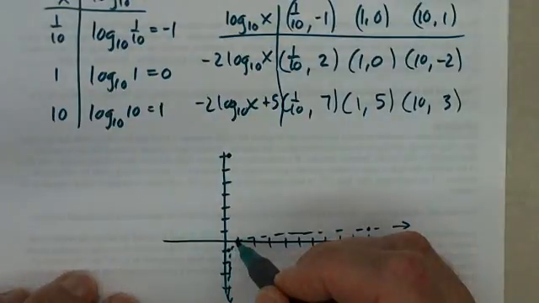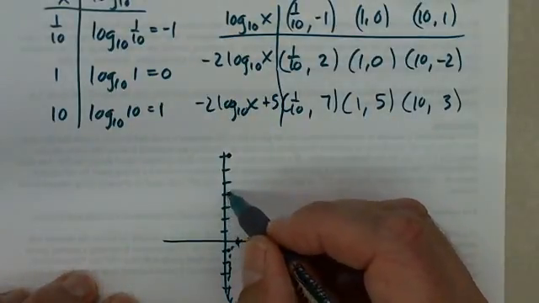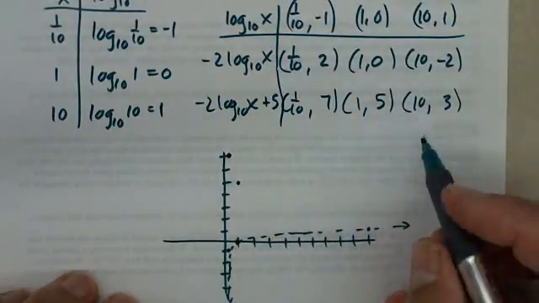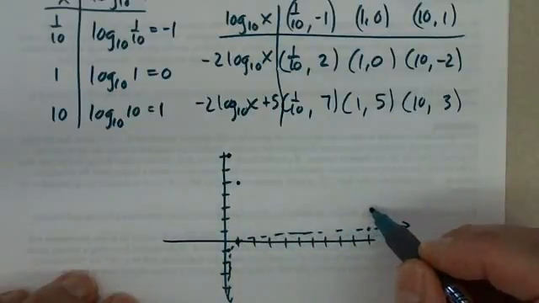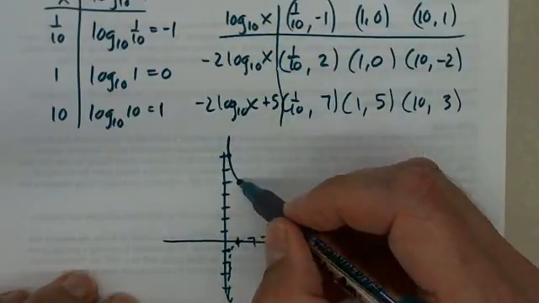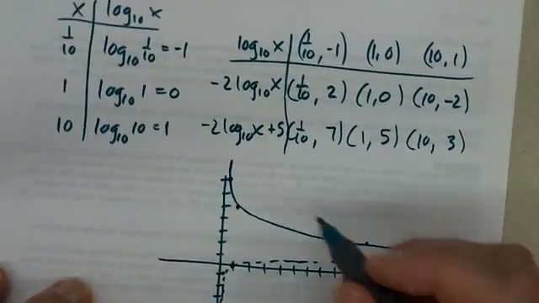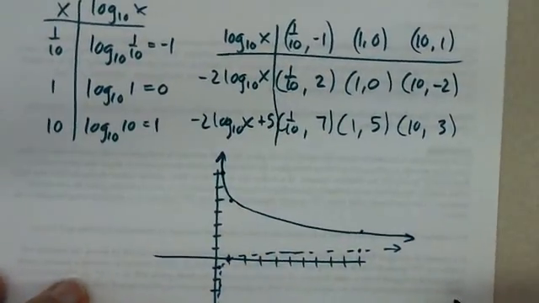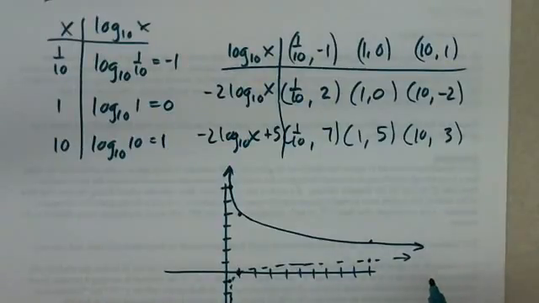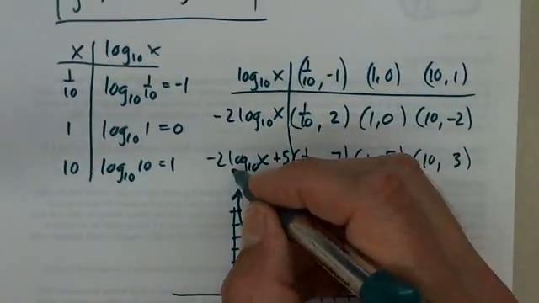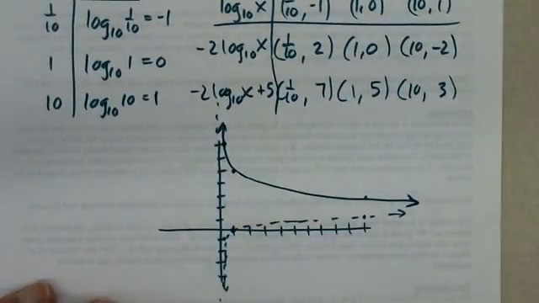At 1, go to 5. And at 10, we'll go to 3. I made it kind of look asymptotic, but this is not asymptotic. It keeps going down. There's no horizontal asymptote. It's only a vertical asymptote.